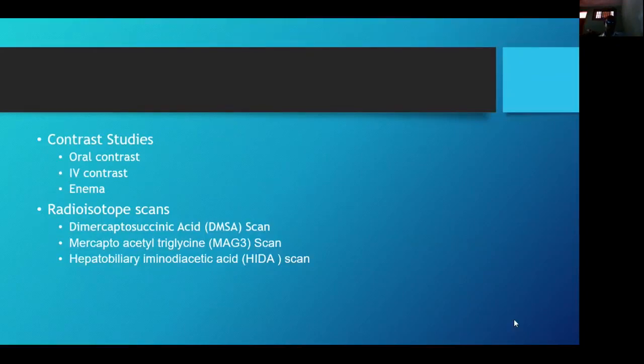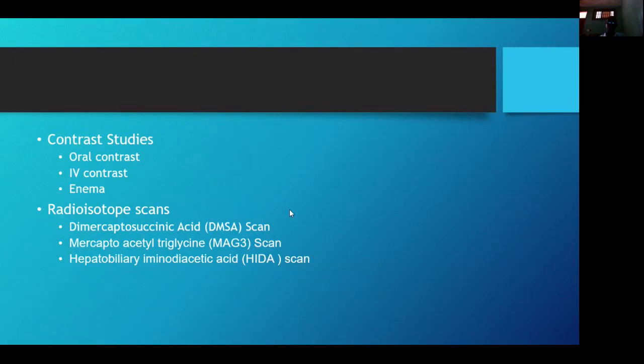These are just some of the radioisotope scans that are required in children, especially in children with renal problems: the dimercaptosuccinic acid or DMSA scan, and then the mercaptoacetyl triglycine, that's the MAG3 scan. These are all renal specific, and they are good for renal scanning. That is the DMSA, and the MAG3 for differential renal function.